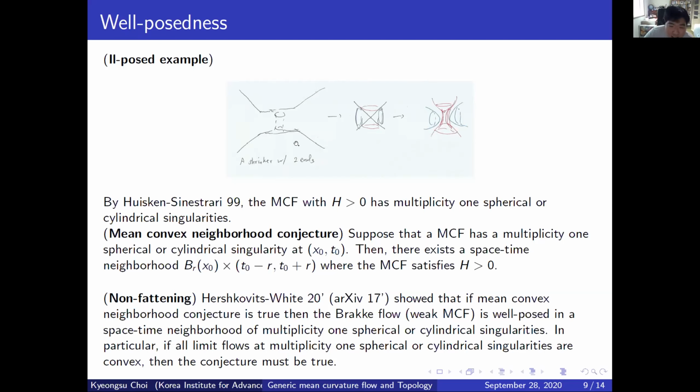And then you can see that if this shrinker shrinks, it would converge to this cone at the singularity. And through the singularity, we expect infinitely many solutions. For example, here is a blue one, and maybe we can expect this blue solution, which gets this connection. Or if you consider this red one, maybe we have this kind of solution.